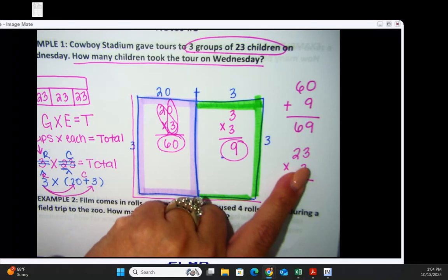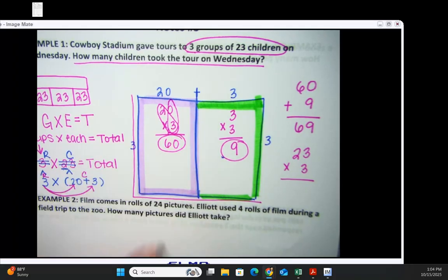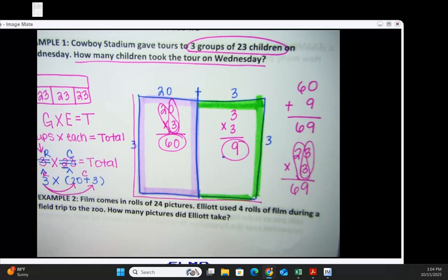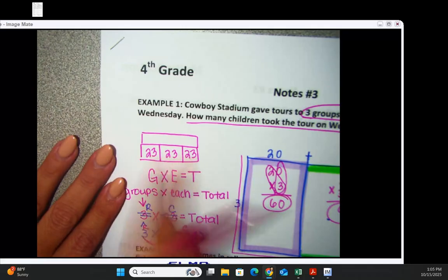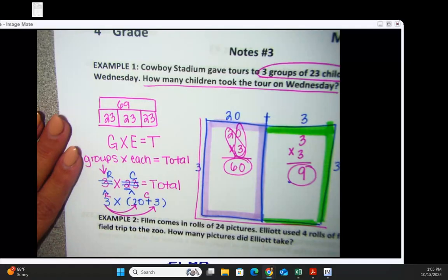This is not required. The area model is required in the 4th grade STAAR test. So I can multiply. 3 times 3 is 9. 3 times 2 is 6. And of course, if I wanted to be super triple sure, I could add all of these and I would get the same. So this tells me there were 69 children that took the tour on Wednesday.